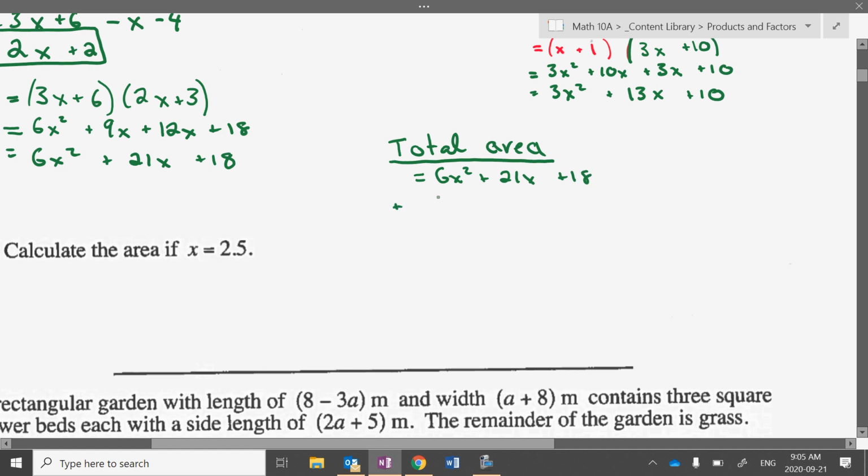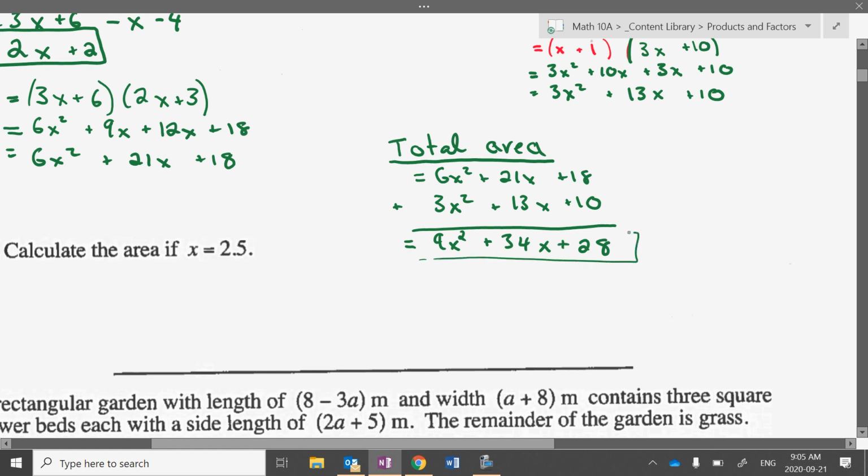To that, I'm going to add my 3x squared plus 13x plus 10. So we get that for our final answer.